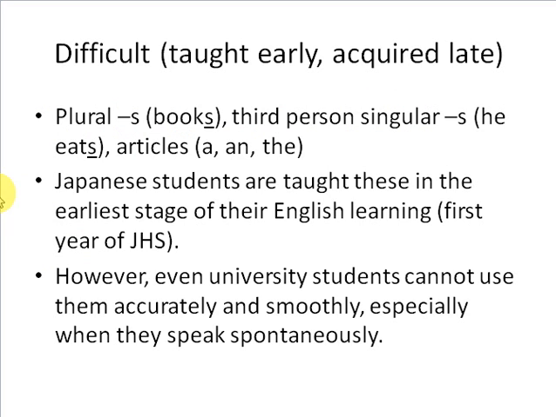And actually, Japanese students are taught these in the earliest stage of their English learning, which is first year of junior high school. So all these grammatical items appear in the first year of junior high school, but even university students cannot use these accurately and smoothly without difficulty, especially when they speak English spontaneously.